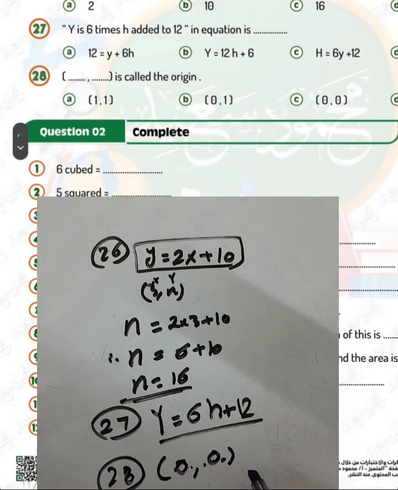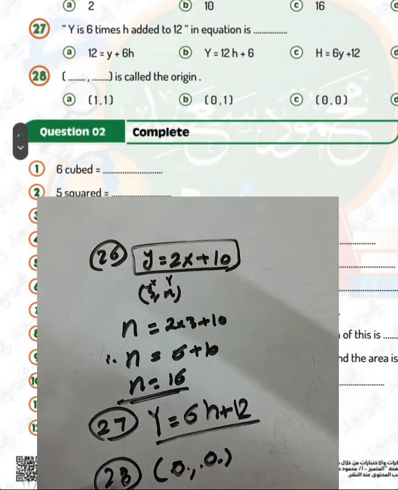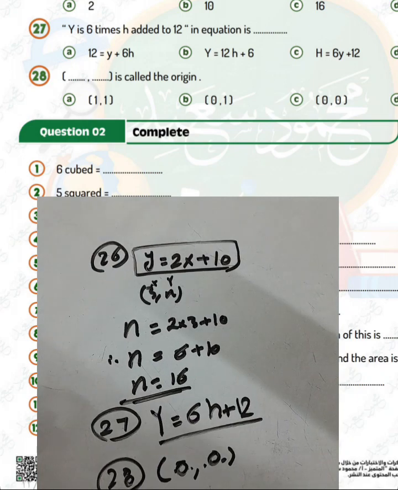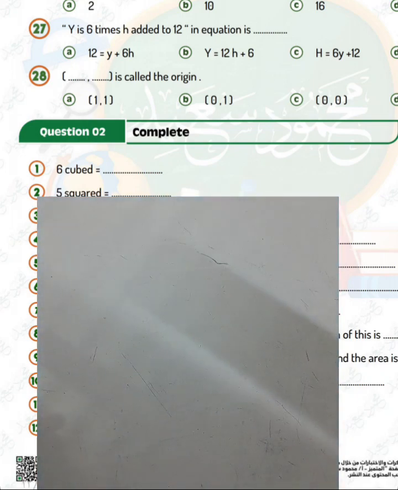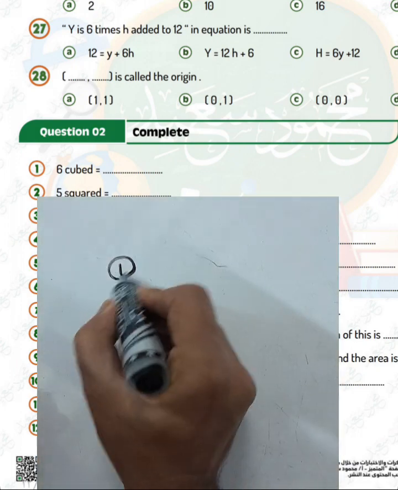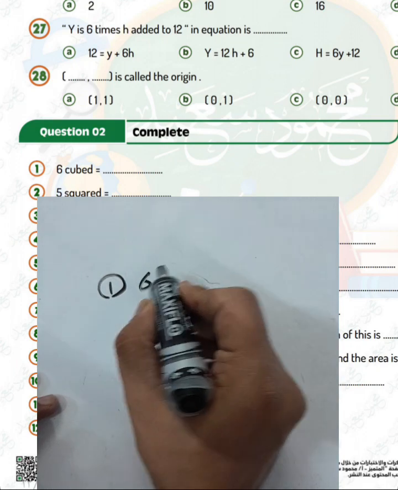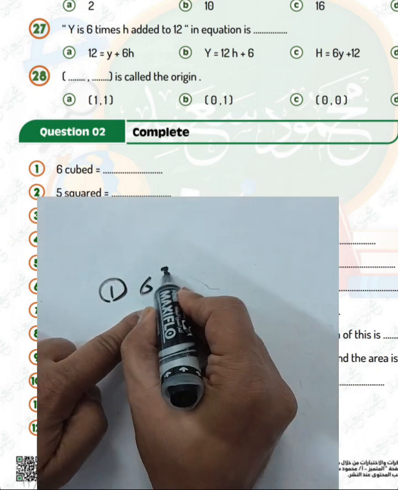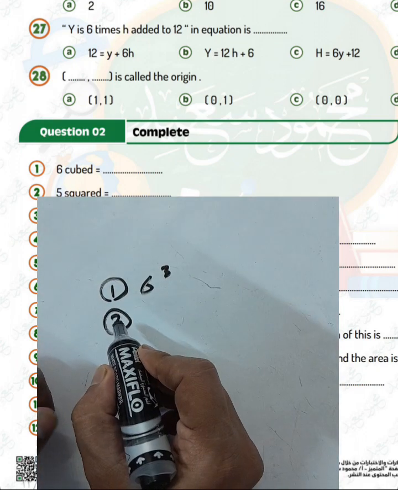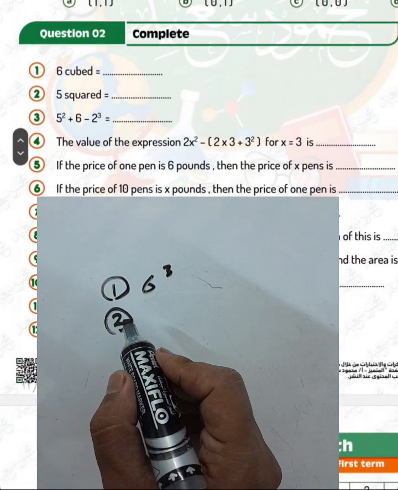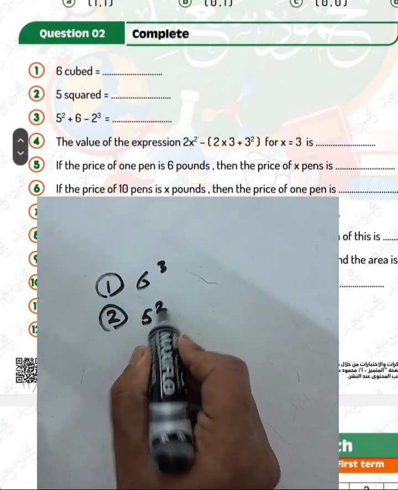Question here, number 2, complete. 6 cubed. Number 1, we have here 6 cubed. It will be 6 power 3. And 5 squared will be 5 power 2.